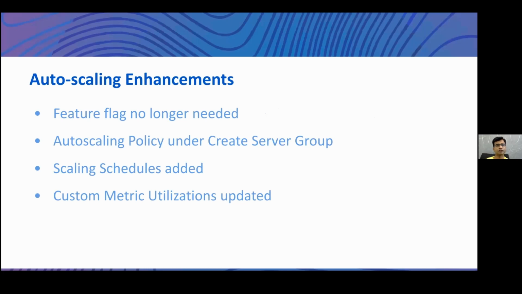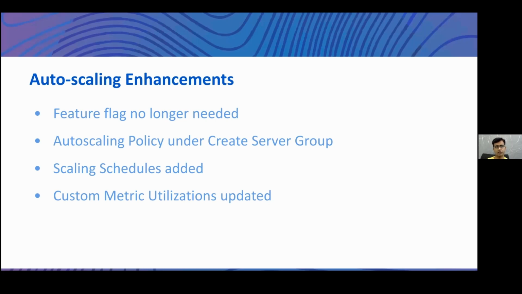And finally, autoscaling enhancements. The autoscaling feature itself was not new, it was already present, but behind a feature flag. Only when the feature flag is enabled would that appear. That too not at the time of creating the server group or instance group, but after it got created, then you could go and enable autoscaling and supply the min or max number of instances.